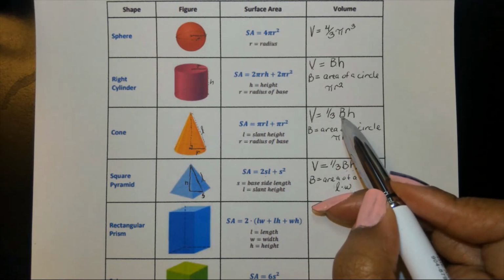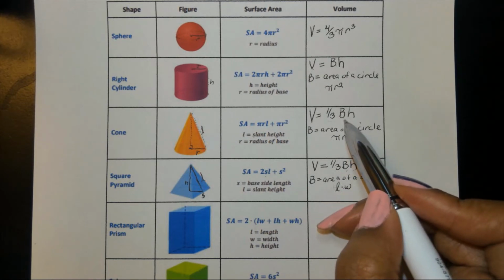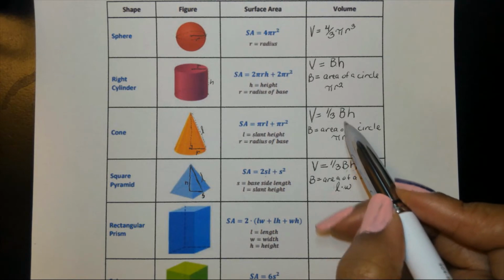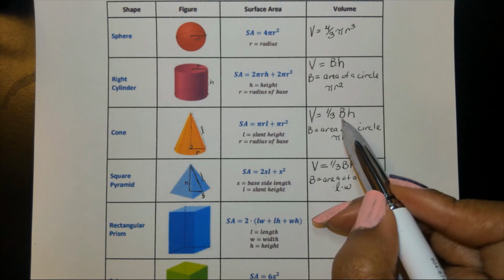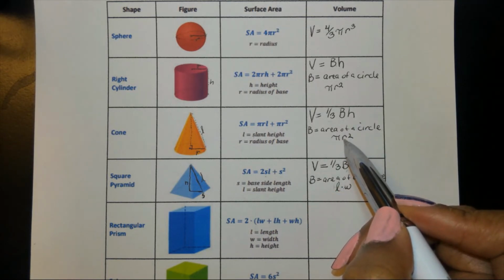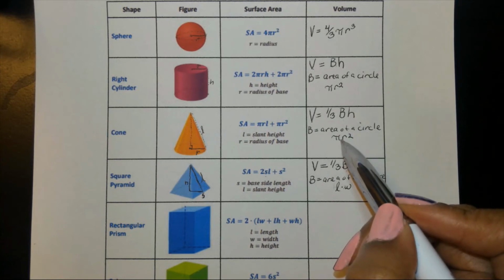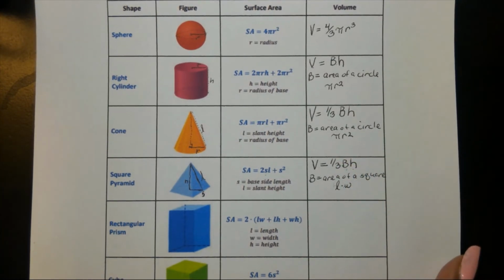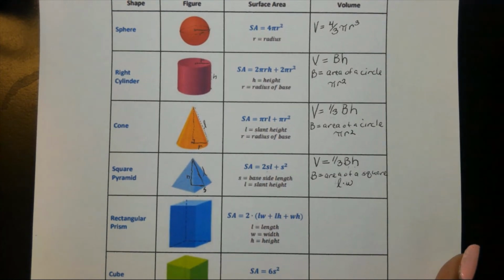That's what we're dropping in here. Okay? Sometimes they will give you the area of the base, so you don't need to actually solve for it. Sometimes all you'll have is the height and the radius and you'll need to do this. Okay? All right, good. So we will continue on.